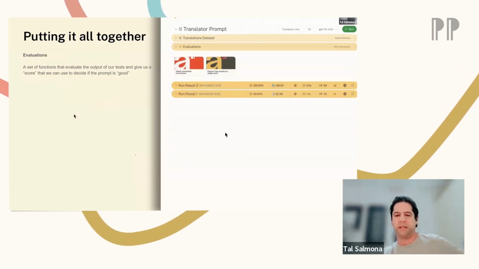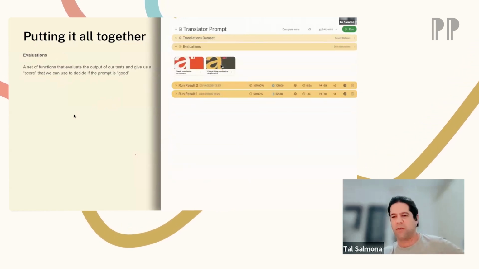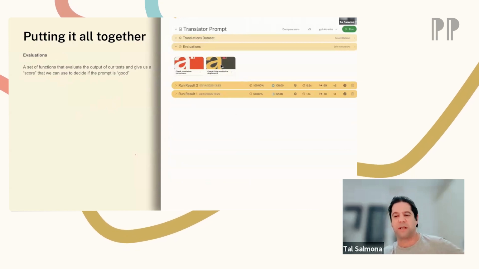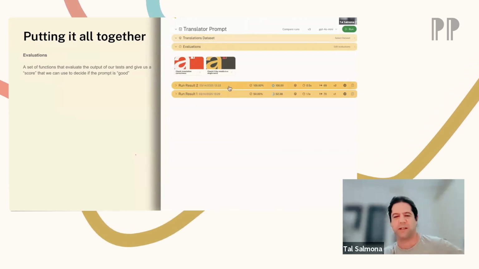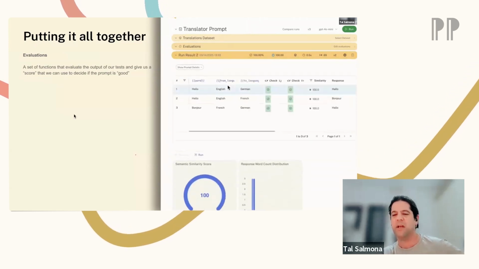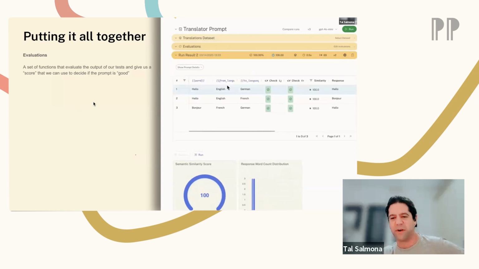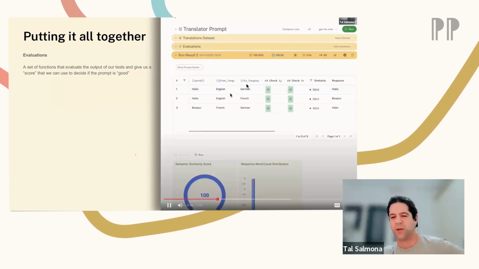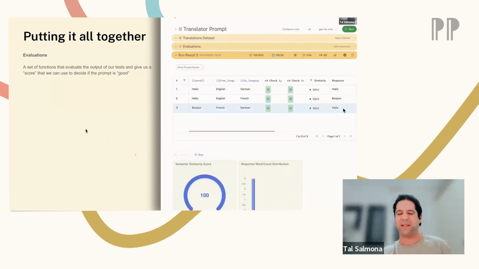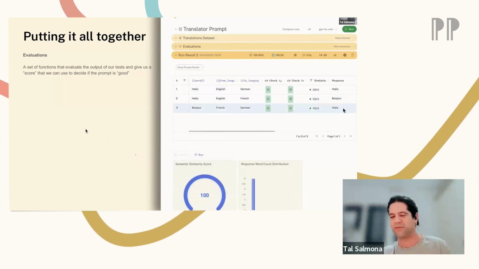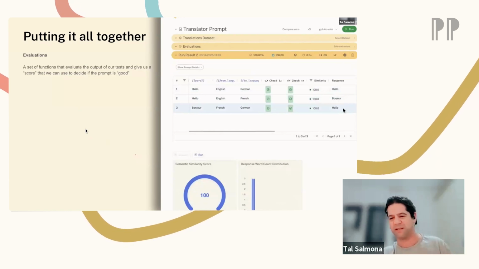In this case, I'm defining one evaluation that verifies the correctness of the translation, and the other one is just looking at the length of the text. In this case, I'm expecting one word, and then we have the evals results for each line, as well as some aggregation. So these are the basic building blocks of a single prompt test.